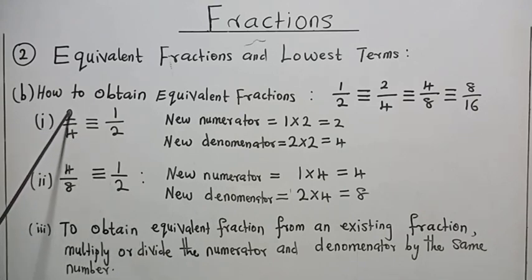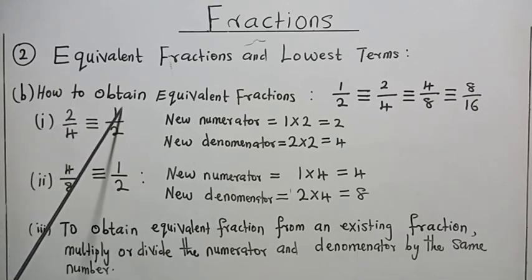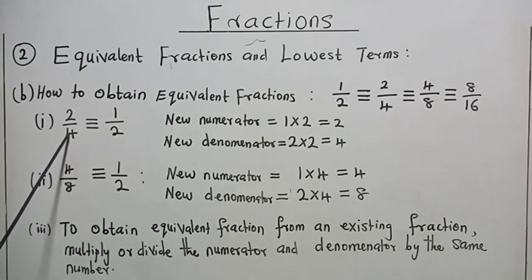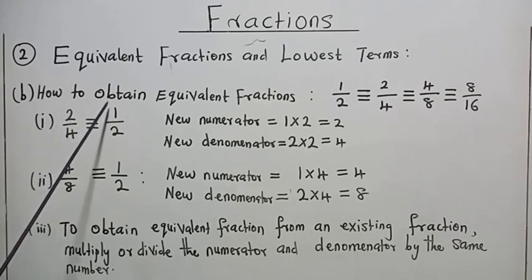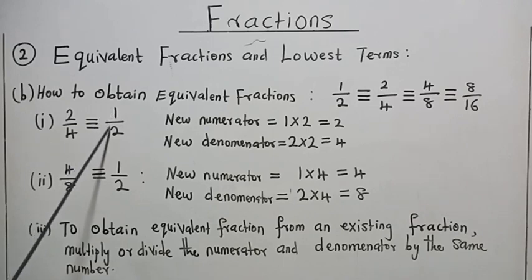If we divide this 2 by 2, we get 1. Divide this 4 by the same 2, we get this 2. So divide by 2, divide by 2. That is, divide numerator and denominator by 2. That's a common factor. You get this 1 over 2.